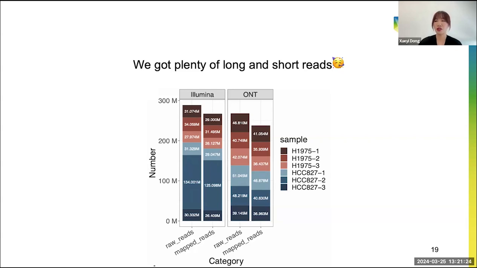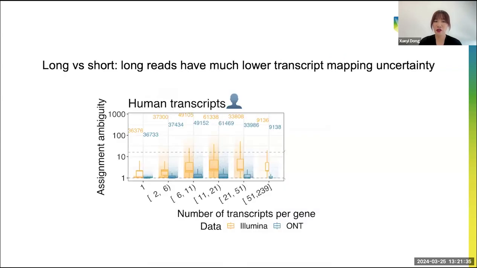So in this experiment, we get quite a high number of reads in both of the technologies. And as I explained, when using short reads to perform transcript level analysis, there is some transcript level mapping uncertainty due to the complexity of the transcriptome and also the limited read length.